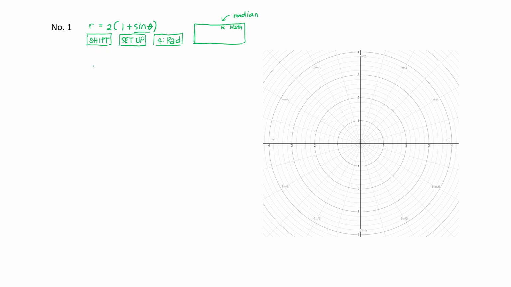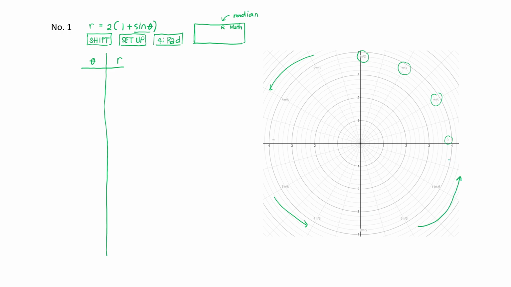So let's start off with getting our theta. We're going to create a table, then r on the right side. Since we are going counterclockwise, we'll start with 0 first, and the next is pi over 6, so by 30-degree angles, up until you reach 2 pi again.